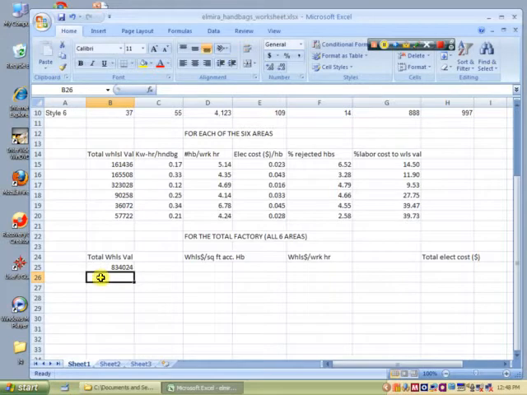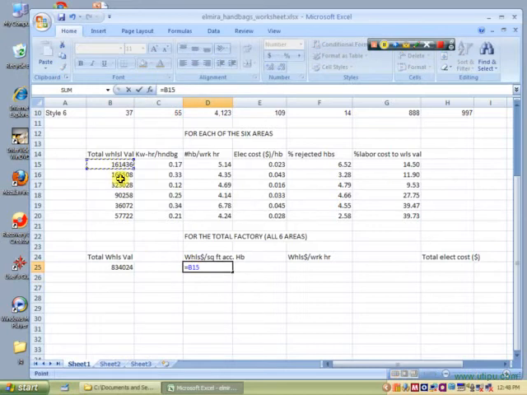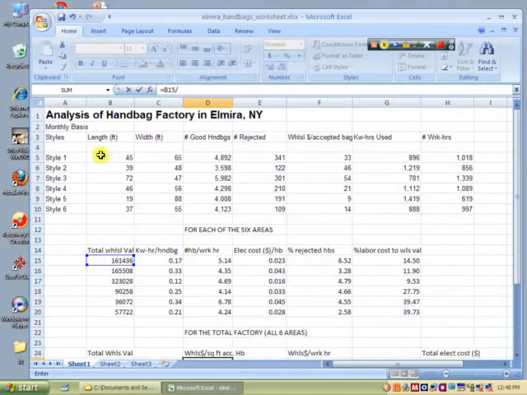Now for the wholesale dollars per square foot for each accepted handbag, that would be, for style 1, there's your total wholesale value, and that's per square footage. Now, we can't just say length times width, because in Excel, in a denominator, if you say one thing times another, that second thing, in this case the width, is going to multiply the numerator.